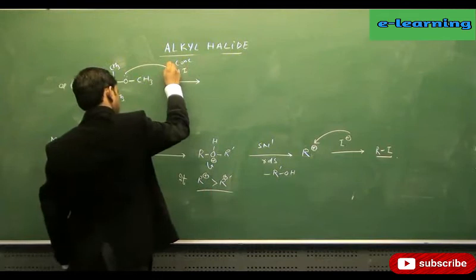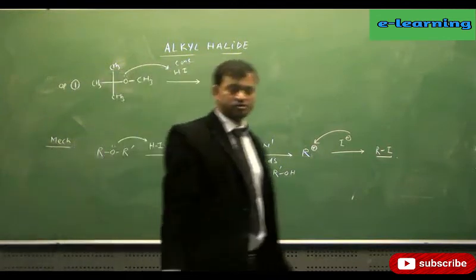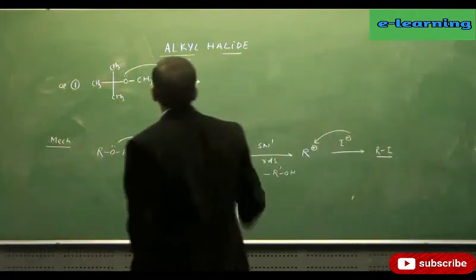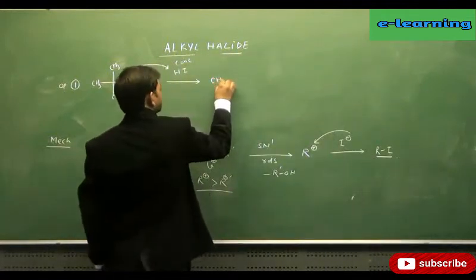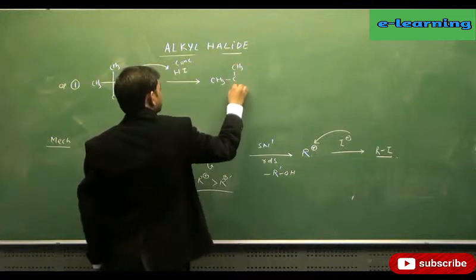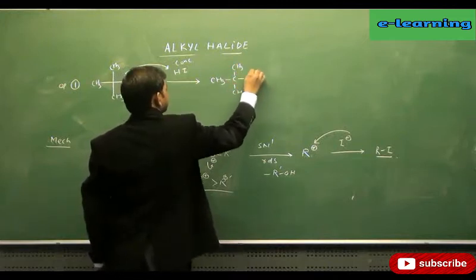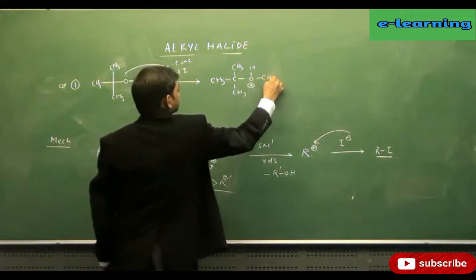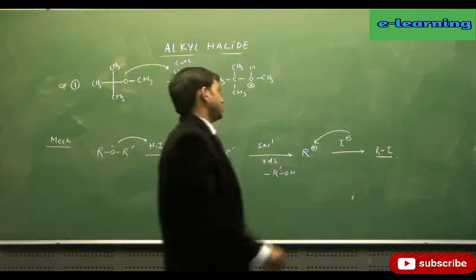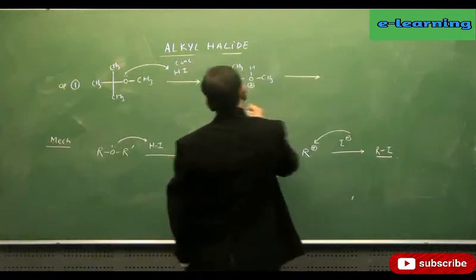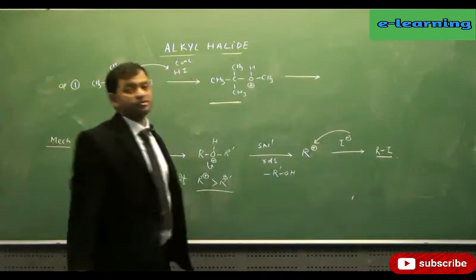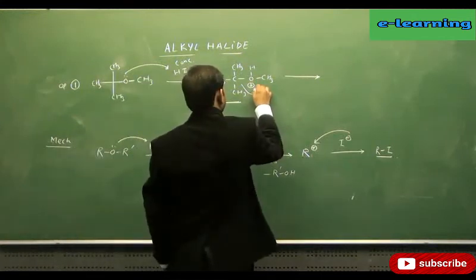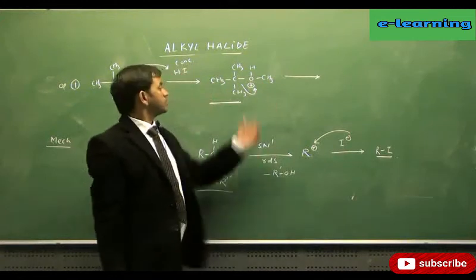If nothing is given, it is also assumed that HI is cold and concentrated. Now, because this is 3 degree alkyl which can give the stable carbocation, it breaks in such a manner that the more stable carbocation is formed.